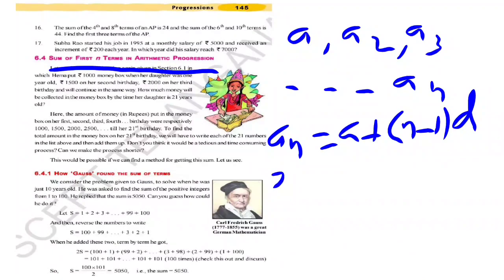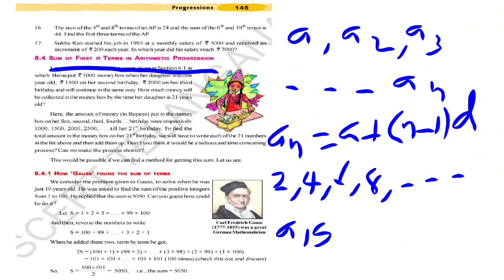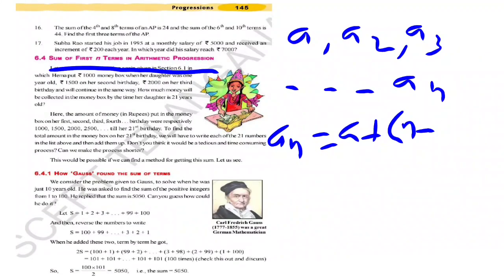For example, 2, 4, 6, 8 and so on is an arithmetic progression. If you want to find the 15th term, you can use this formula. Many questions related to it were discussed in the previous classes. But here the topic is the sum of the first n terms in an arithmetic progression. See, the sum of n terms.